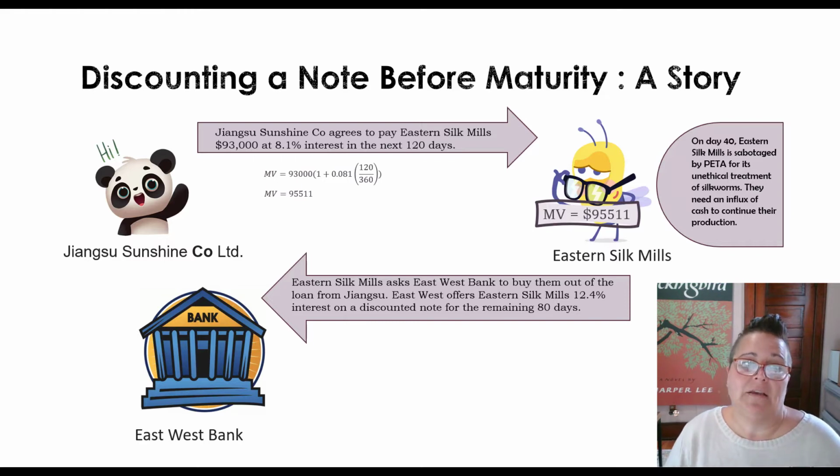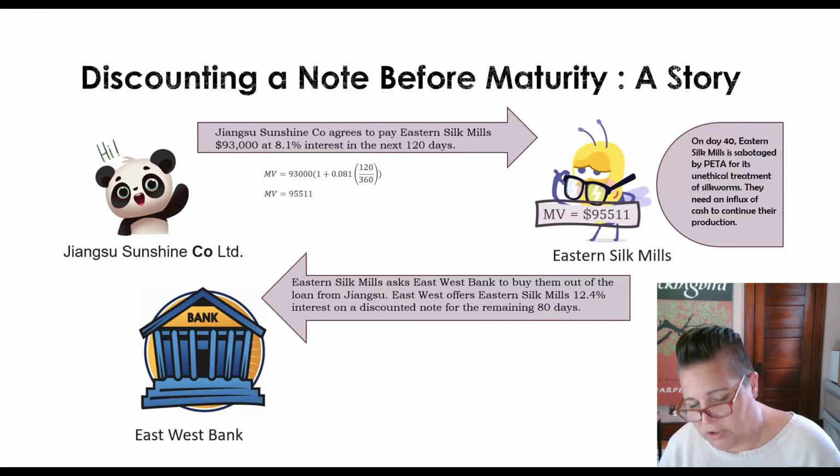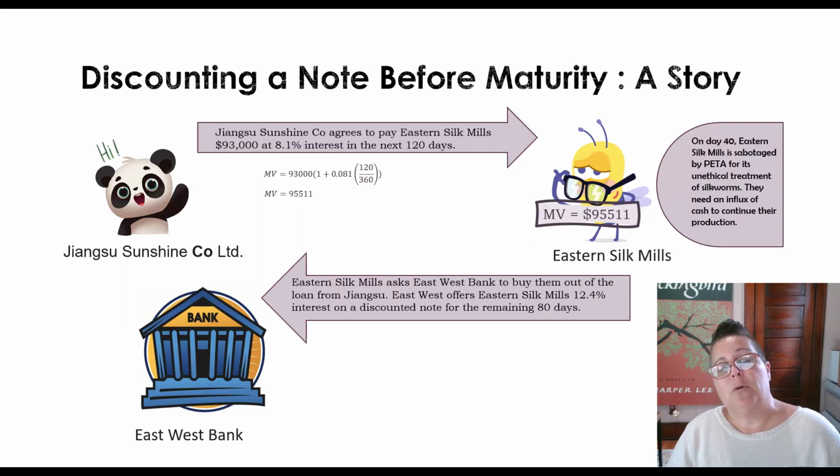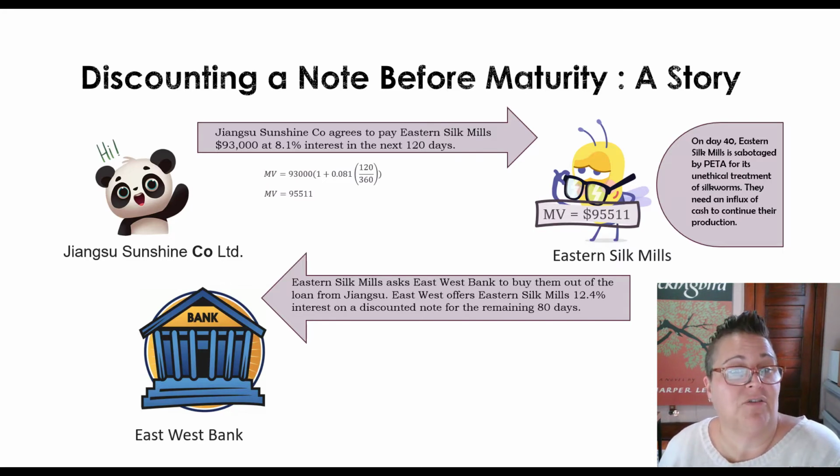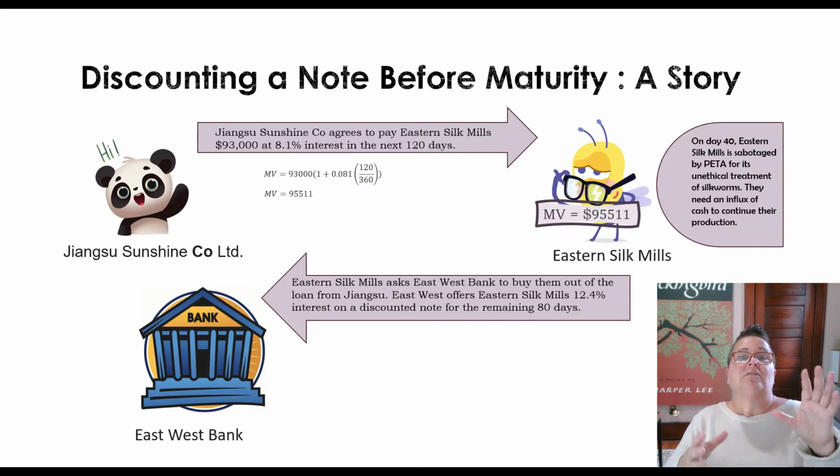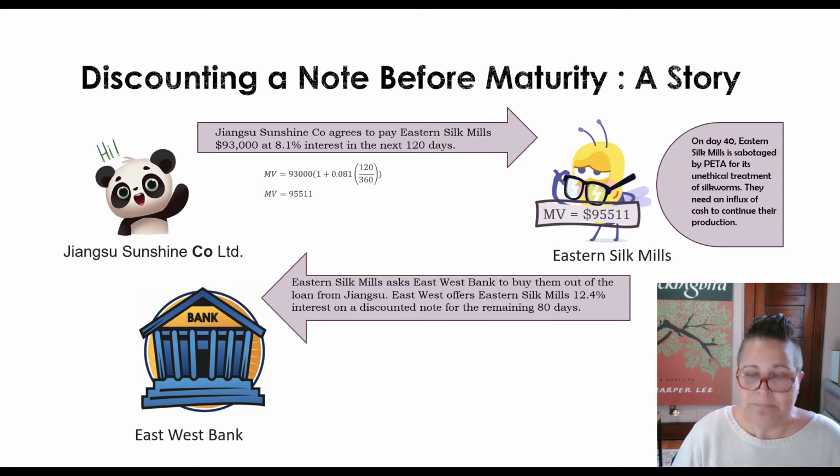And East West Bank says, we'll discount that note. In other words, we will purchase that note from you. But we're going to do it at a bank discount rate of 12.4%. So they're charging a much higher interest rate than Eastern Silk Mills does. And the interest is only on the remaining 80 days in the loan.